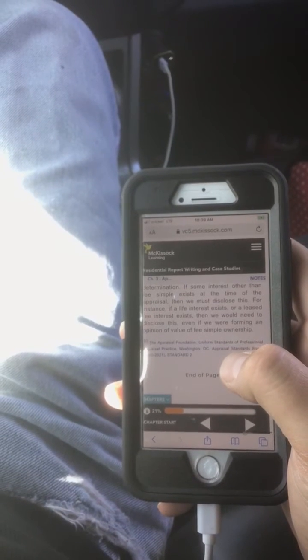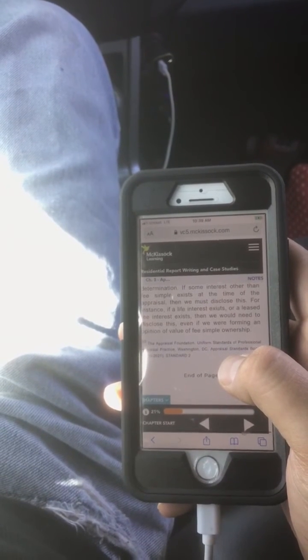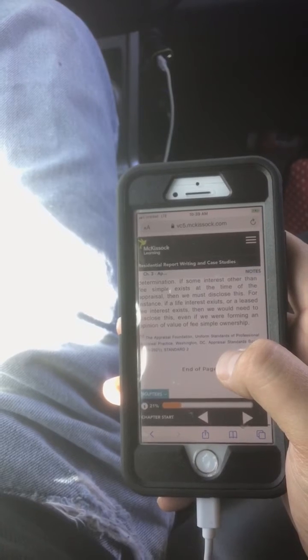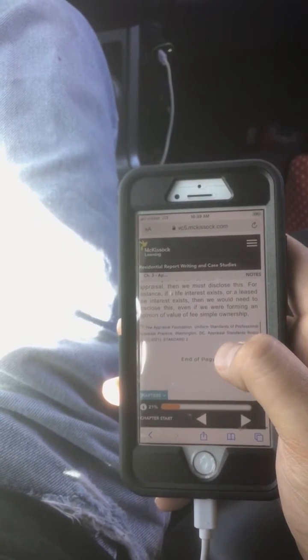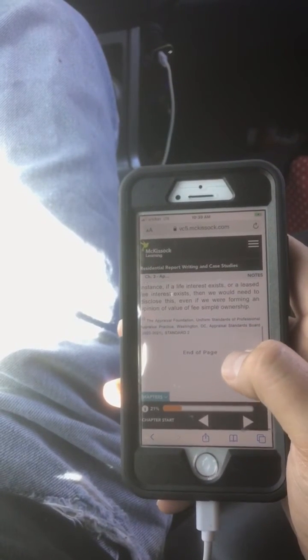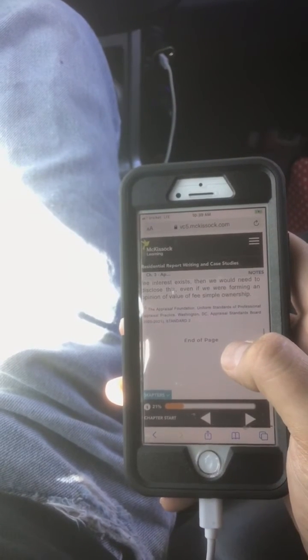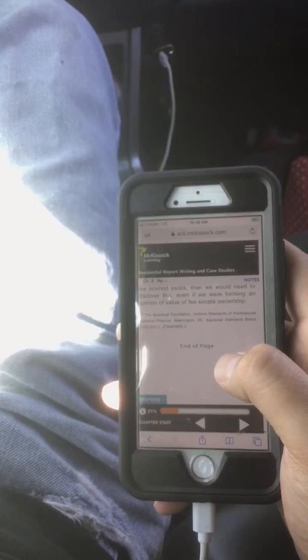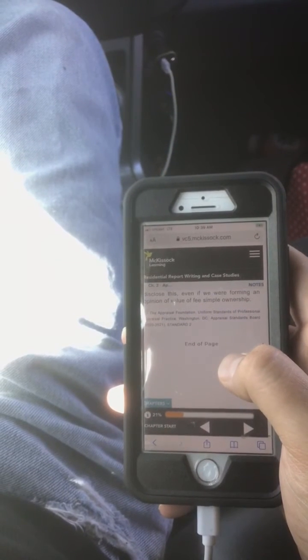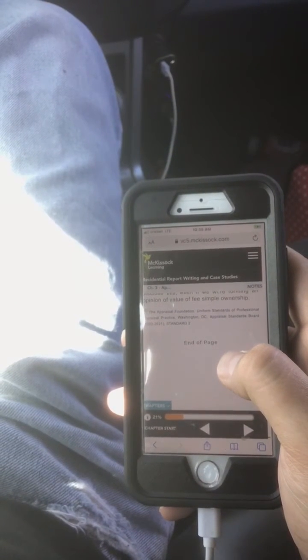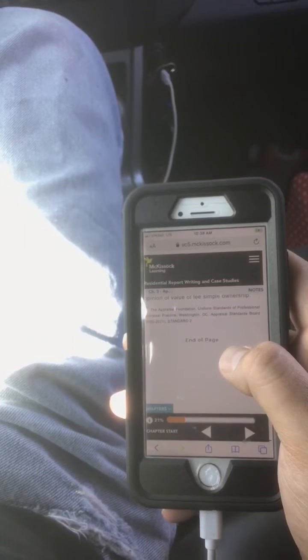If some interest other than fee simple exists at the time of the appraisal, then we must disclose this. For instance, if a life interest exists or a leased fee interest exists, then we would need to disclose this, even if we were forming an opinion of value of fee simple ownership.